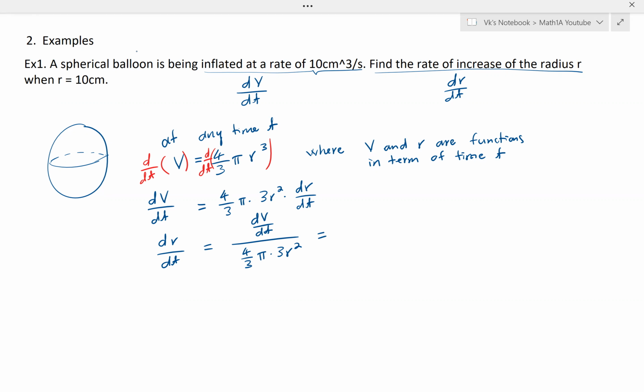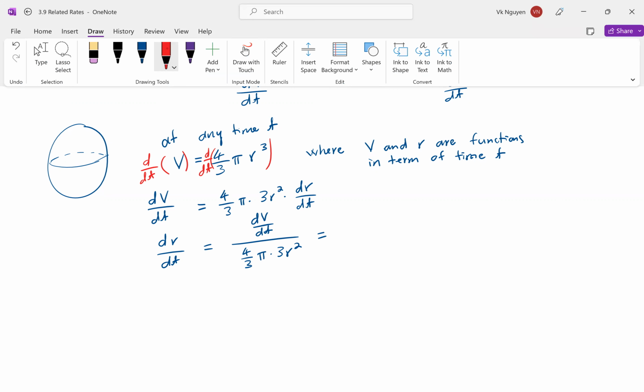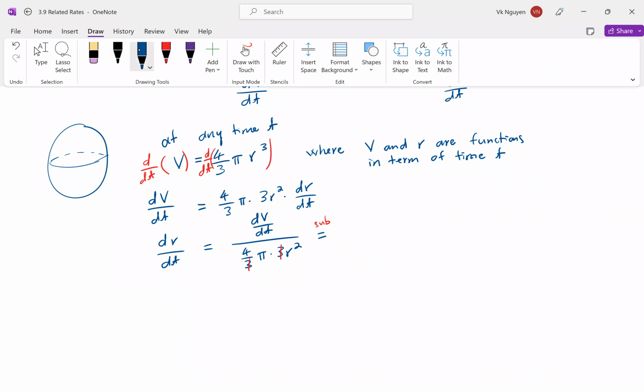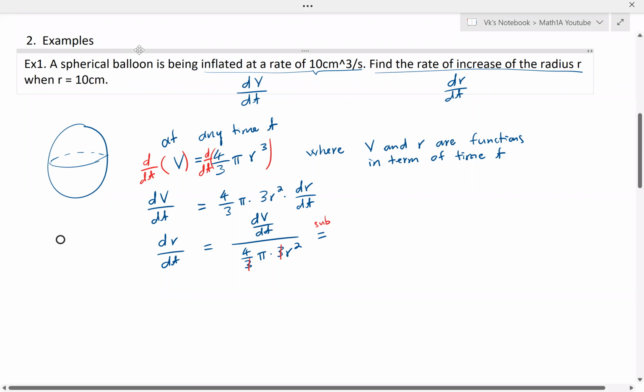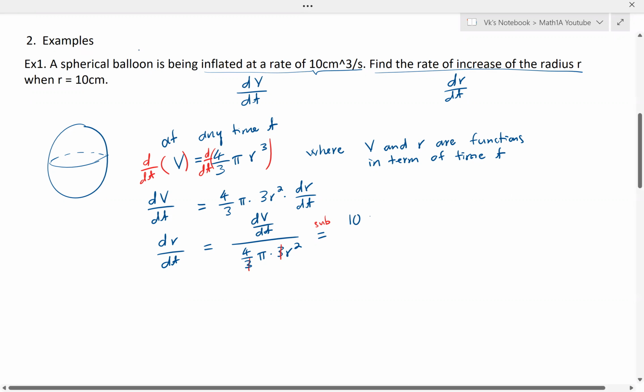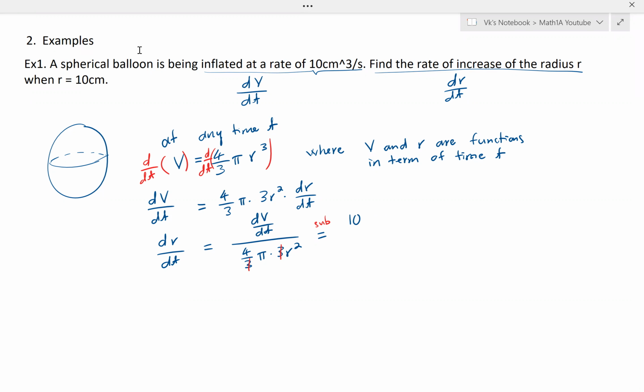And we can do the substitution now. Get rid of the 3 here. dV over dt is 10 cubic centimeters per second. You don't have to write a unit here.